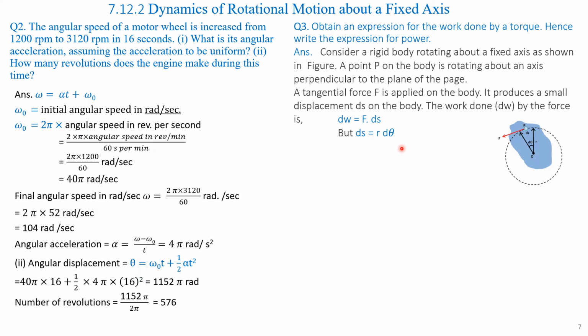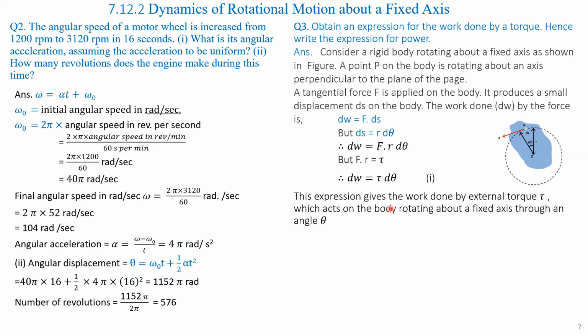But ds is equal to r d theta, from the geometry of the figure. Therefore, dW is equal to F into r into d theta. But F into r is tau, from the definition of torque. Therefore, dW is equal to tau d theta.